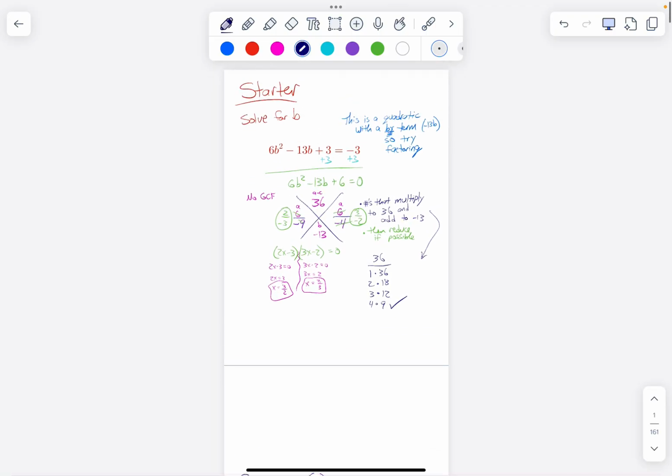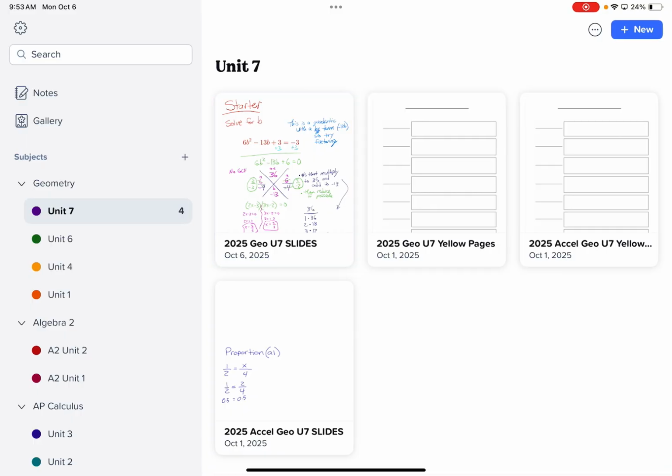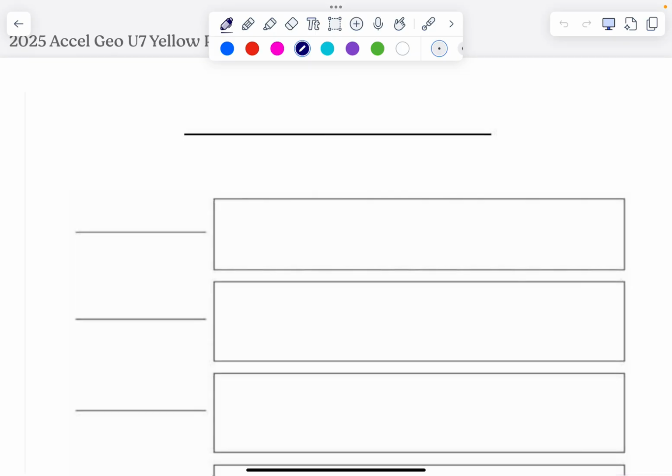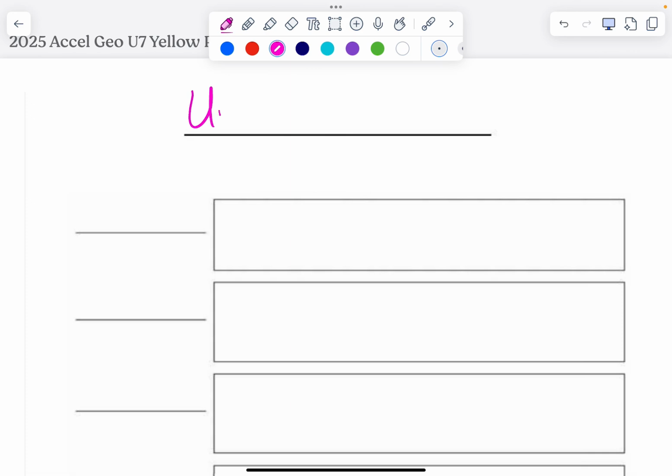So new unit. If you have my notes, let's go ahead and start the title at least. And then if you have your own, I would create a new section. And this is unit 7, all about similarity.